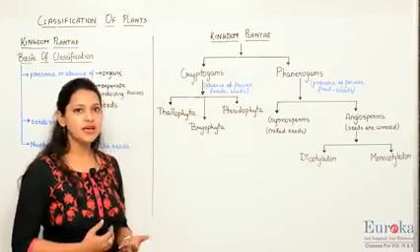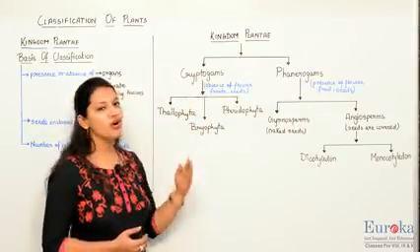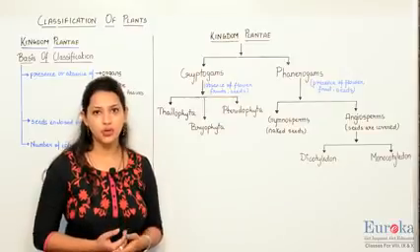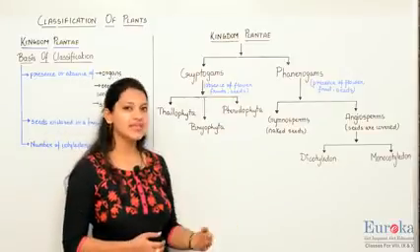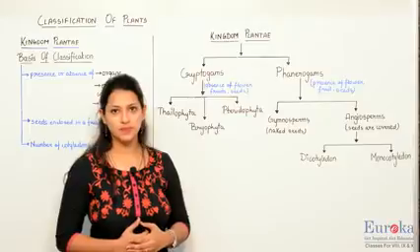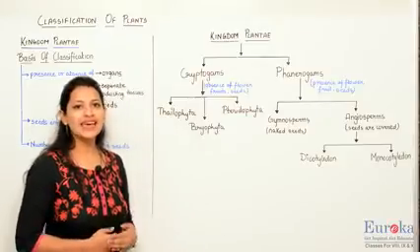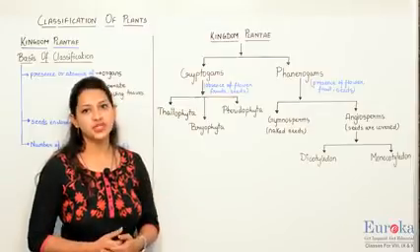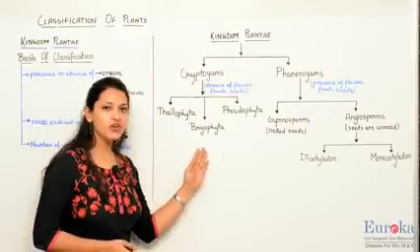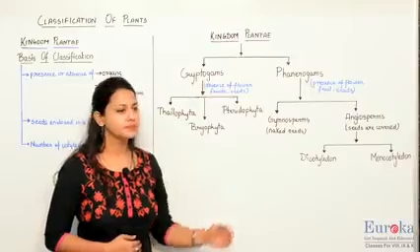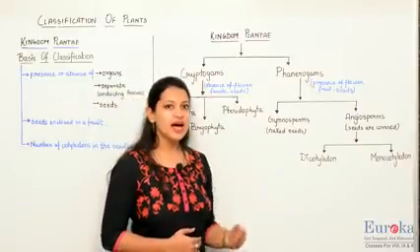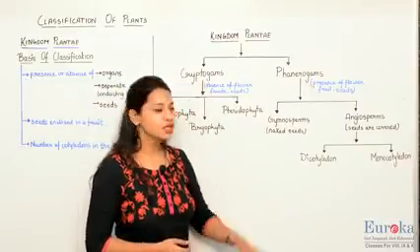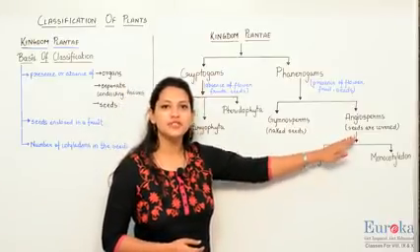Cryptogams are those classes of plants which do not have flowers, seeds and fruit, whereas the phanerogams have flowers, seeds and fruits. Depending upon the different characteristics they show, cryptogams are divided into 3 divisions, Thallophyta, Bryophyta and Pteridophyta. Whereas the phanerogams are divided into 2 divisions, Gymnosperms and Angiosperms.